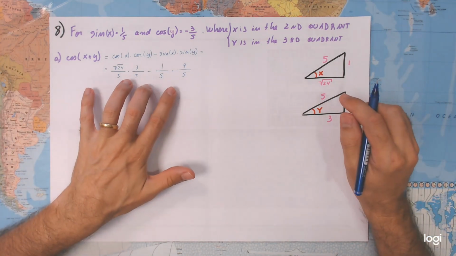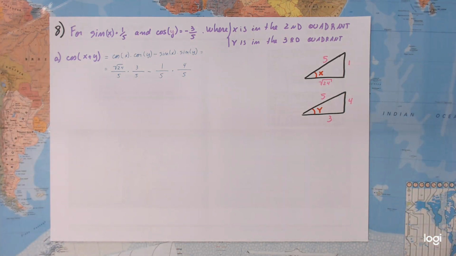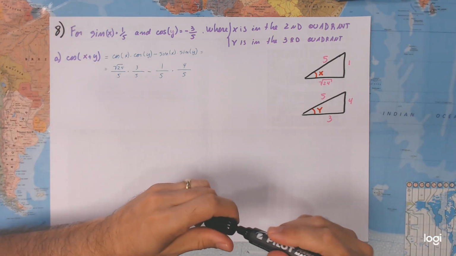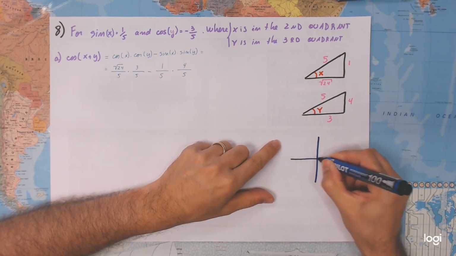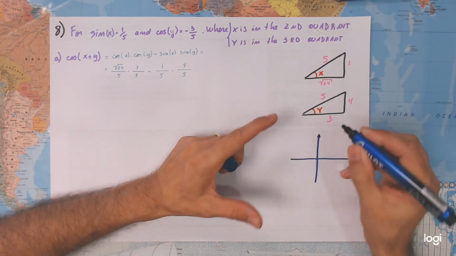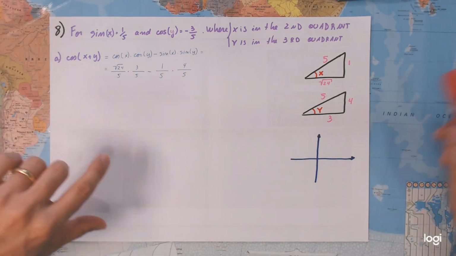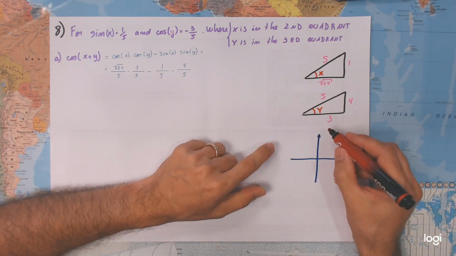Not yet, okay? We have to be careful about the signs. Why? Well, remember that the sine and cosine come from the trigonometric circumference.